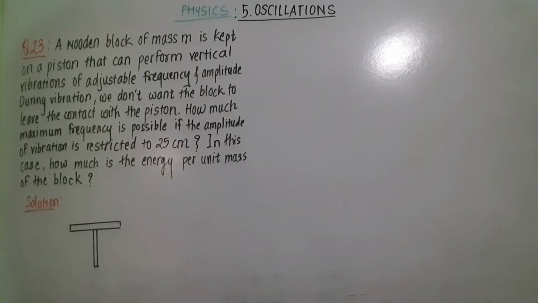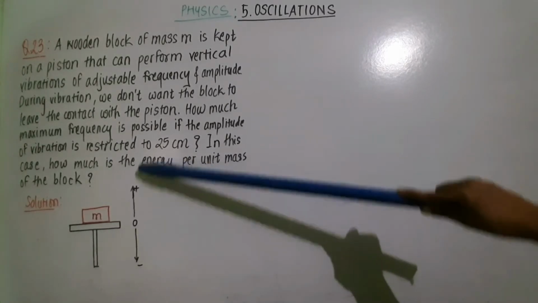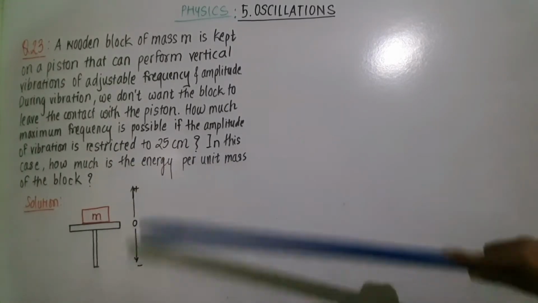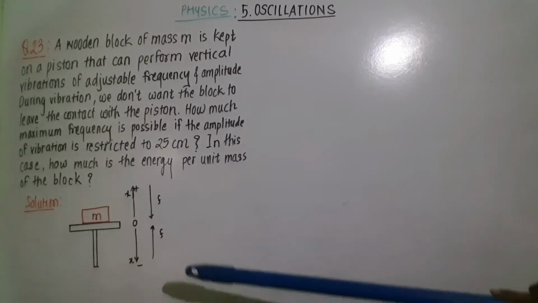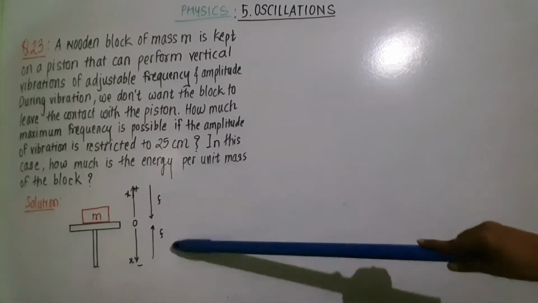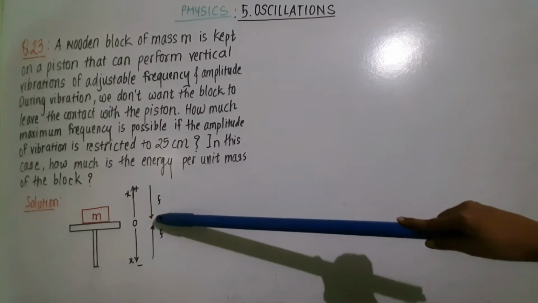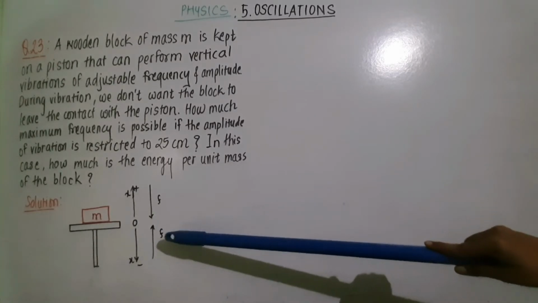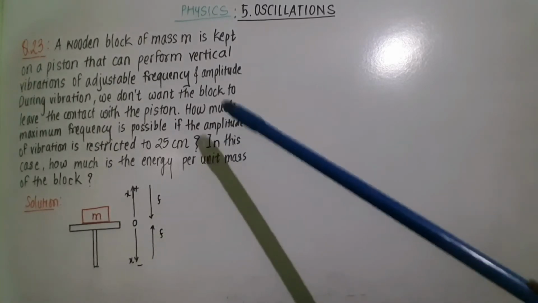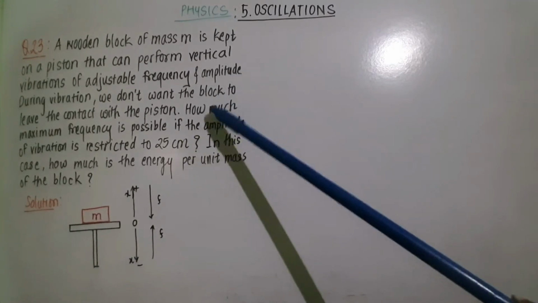Now to solve this, consider this is a piston which is performing vertical vibrations on which a wooden block of mass m is kept. This is the mean position and it is performing vertical vibrations. Now we know that during oscillatory motion, restoring force is always directed towards the mean position. Now see what is the condition given in this question.